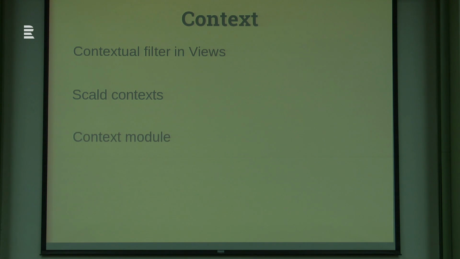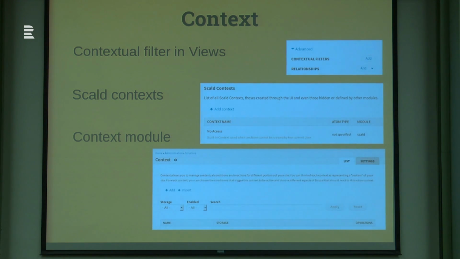For Drupal 7, we have an example with context. Anybody know what context is in Drupal 7? Anybody know the three different versions of what context is? First of all, we have contextual filters in Views, we have Scald contexts, and we have the Context module, all of which use the word context in different ways.